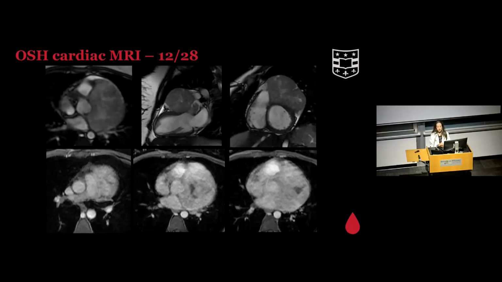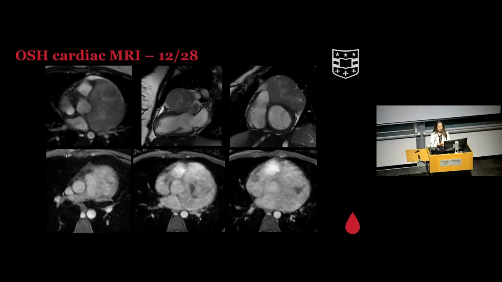It does result in some mild mass effect on the adjacent cardiovascular structures like the main PA, but there's no evidence of invasion of any of these structures. And then, as we already mentioned, the mass encases the left coronary artery. And then the atria and ventricles are normal in size. And then when we calculate the ejection fraction, the RV and LV EFs were normal.